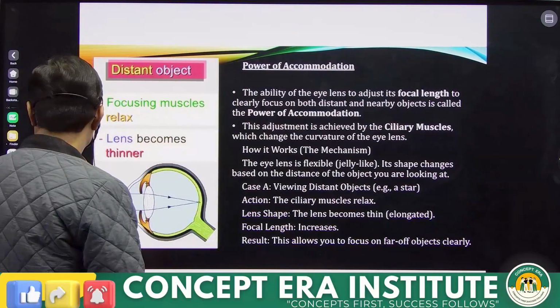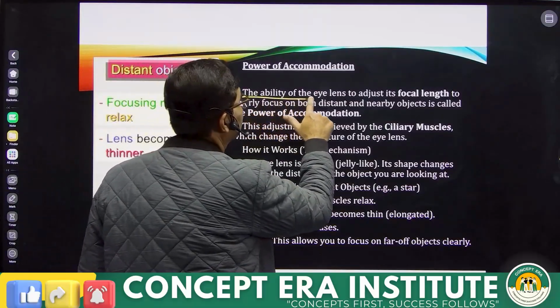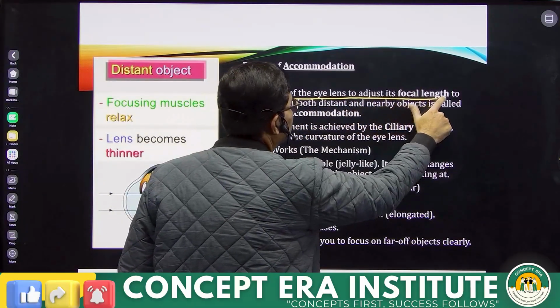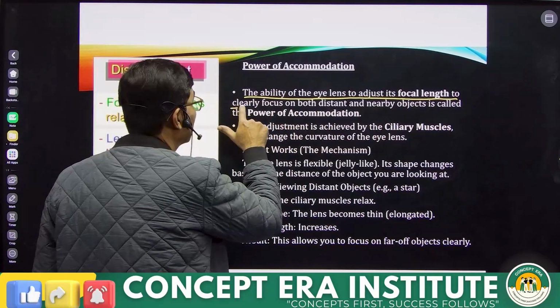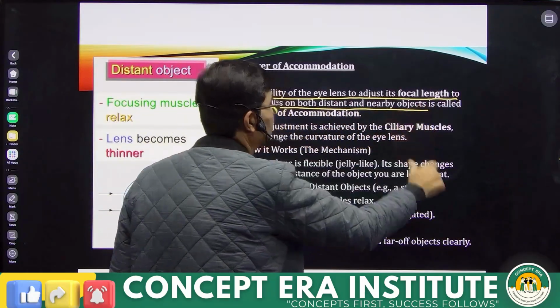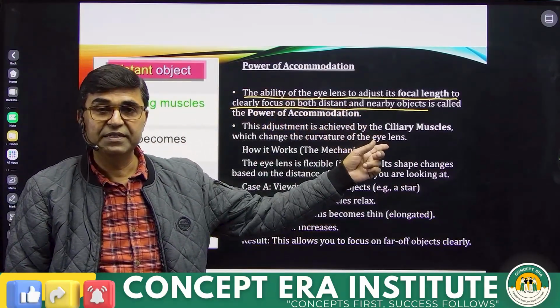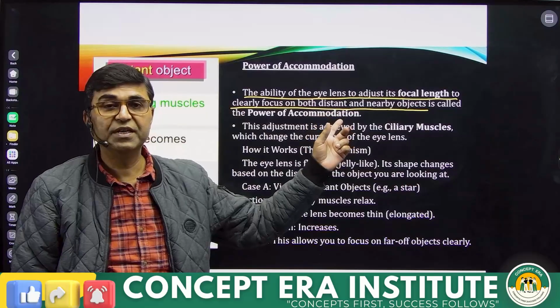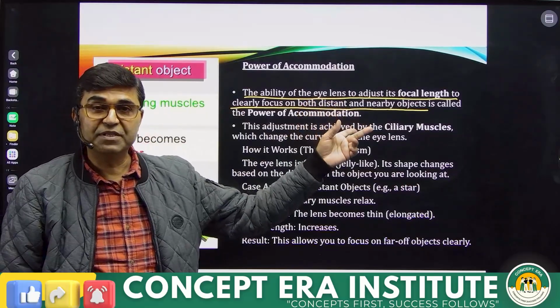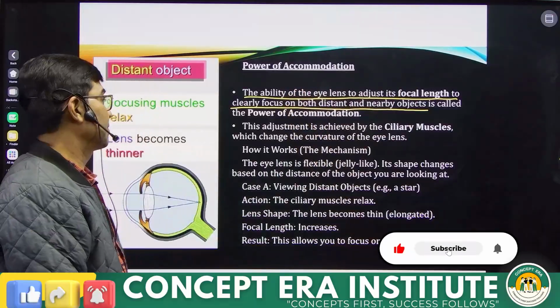The power of accommodation is defined as the ability of the eye lens to adjust its focal length to clearly focus on both distant and nearby objects. This particular property of the eye lens is called the power of accommodation, and the ciliary muscles and the lens both are responsible for it.